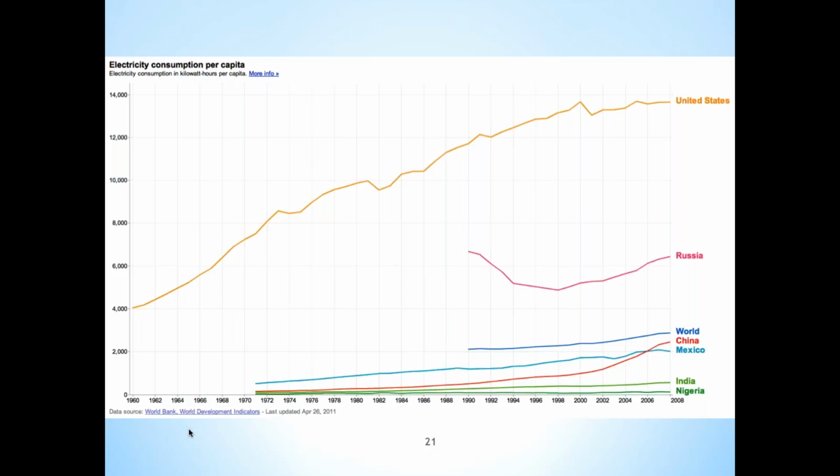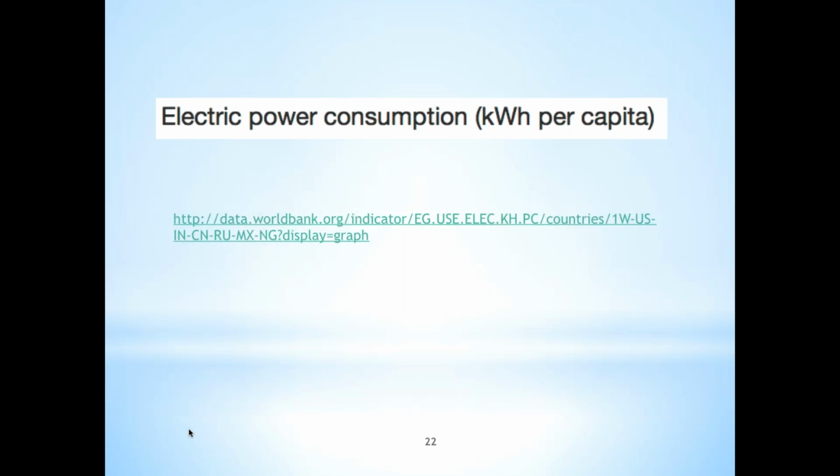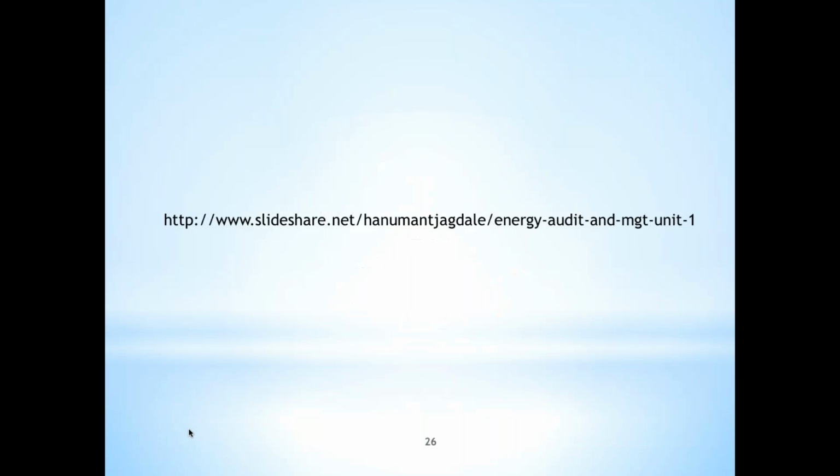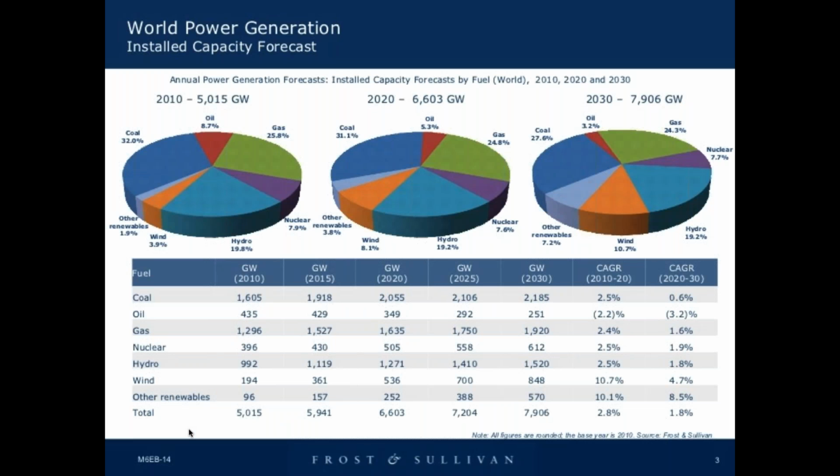And in the last 3 years, we've actually used less electricity total in the United States than we did in the previous 100 years. In other words, it's a downwards turn. So the rest of the world is going to develop and use electricity differently than we did in our country.